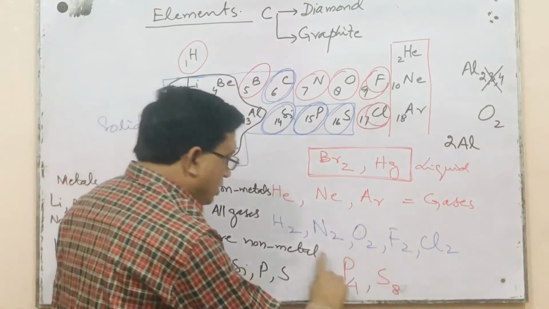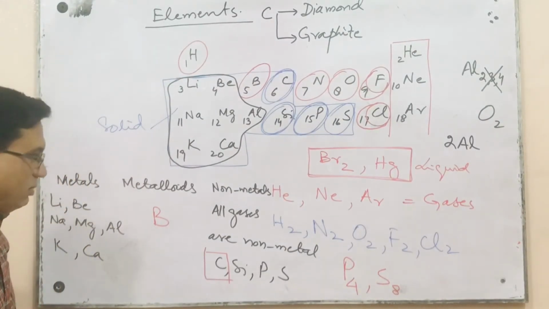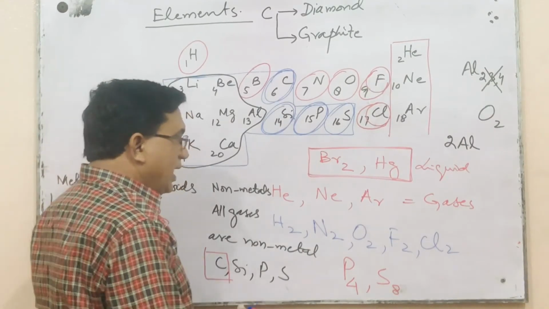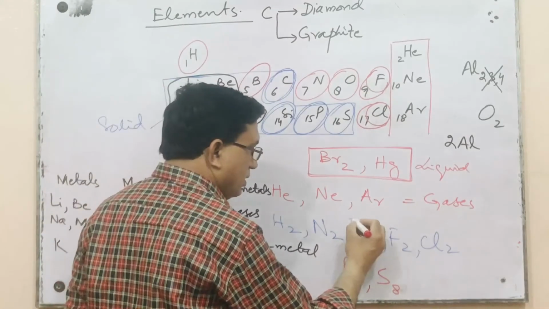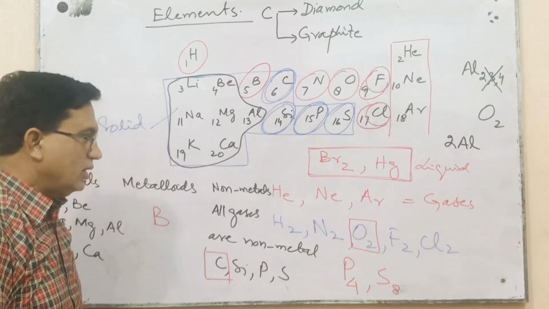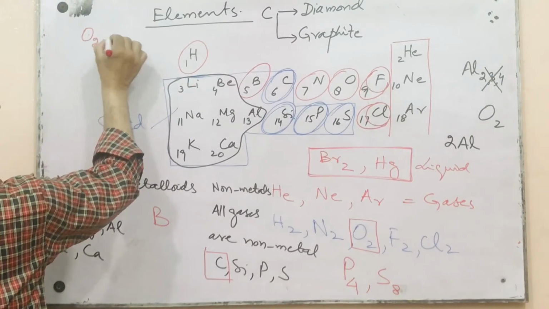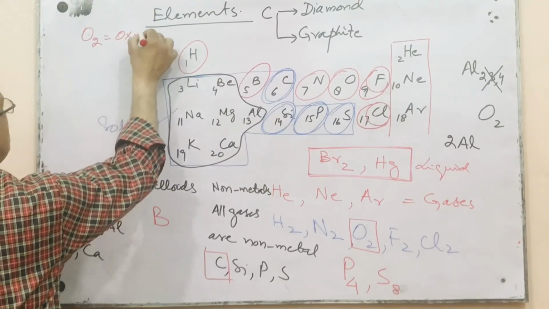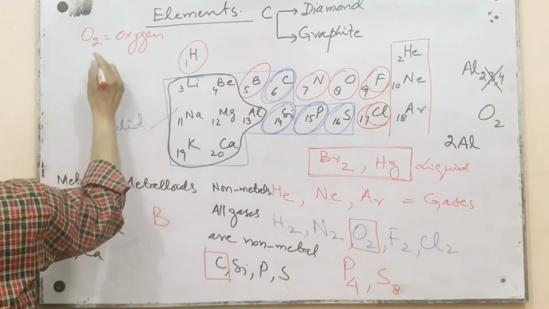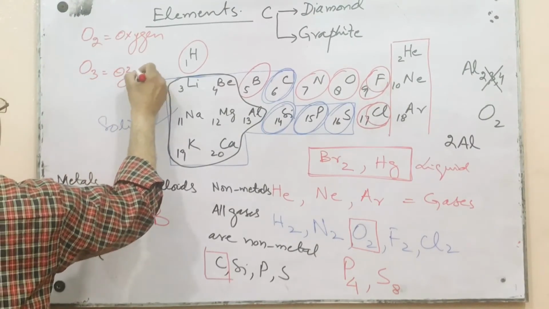No such representation, just like diatomic gases we have shown, can ever be used for metals. Now, one more important thing: there is another important element, oxygen, which plays a vital role in our life, the most important gas for our life. Now, it also has two forms. One is called O2, this is simply oxygen, and a second form which also exists for oxygen is O3, which is called ozone.